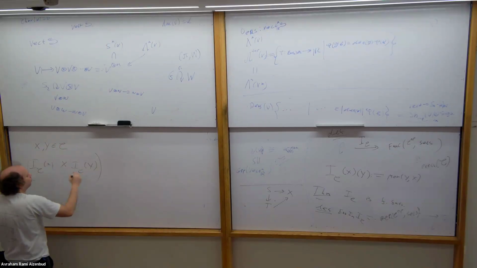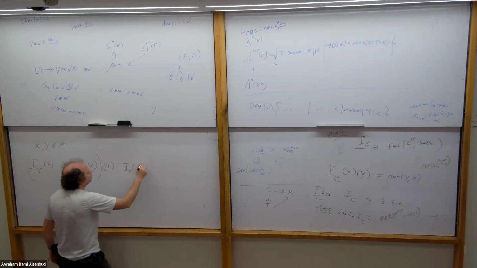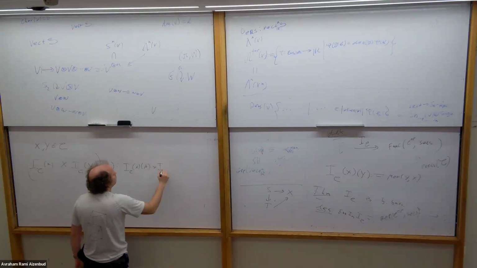For an object A, it is h_X(A) times h_Y(A).